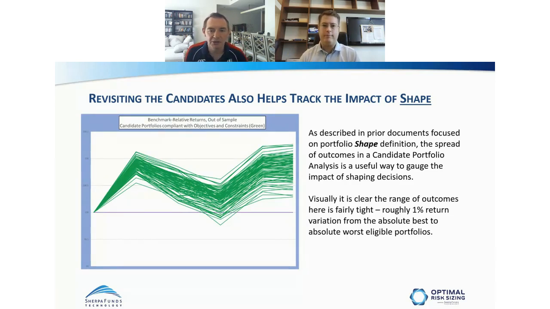So the point of this candidate portfolio graph is it should show you a distribution of outcomes like the one you see here, where there's a clearly defined middle and a few outliers, rather than shape constraints forcing all the possible outcomes into one packet, which can happen. And that spread needs to be consistent with what you expect.